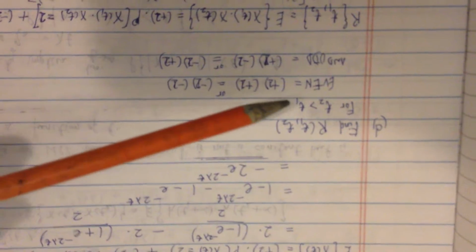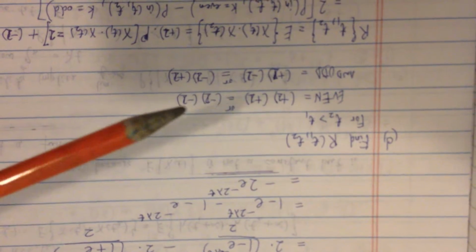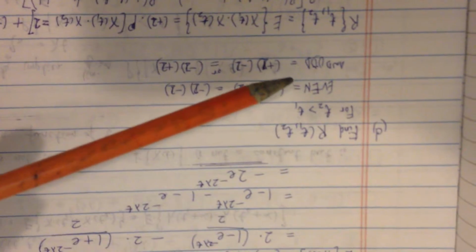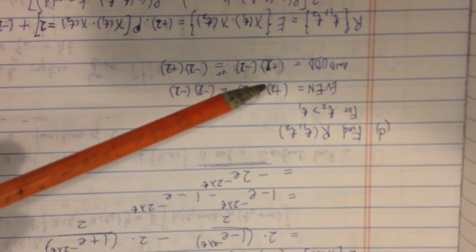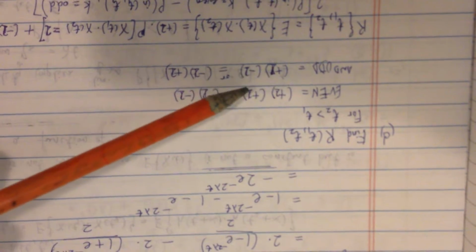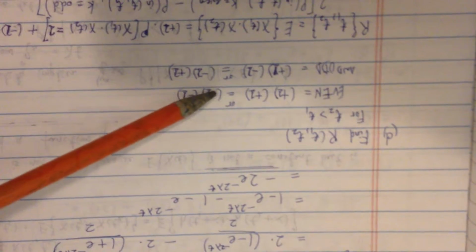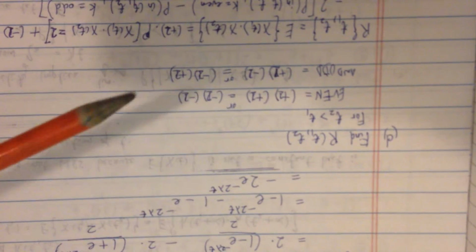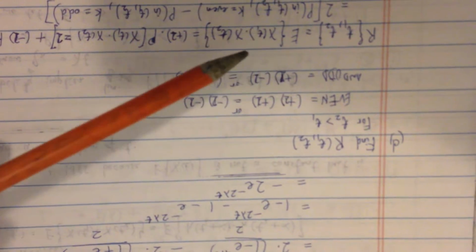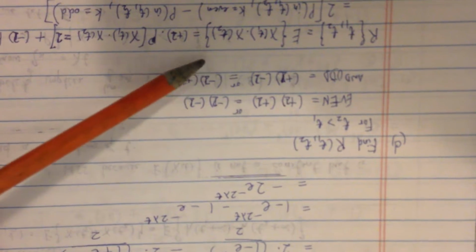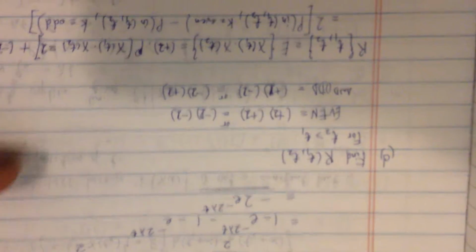Next, we're asked to find the autocorrelation function. And we know that for the product to be positive, it needs to take on either +2 and +2, or -2 and -2. While for it to be negative, it has to take on +2 with -2, or -2 with +2.